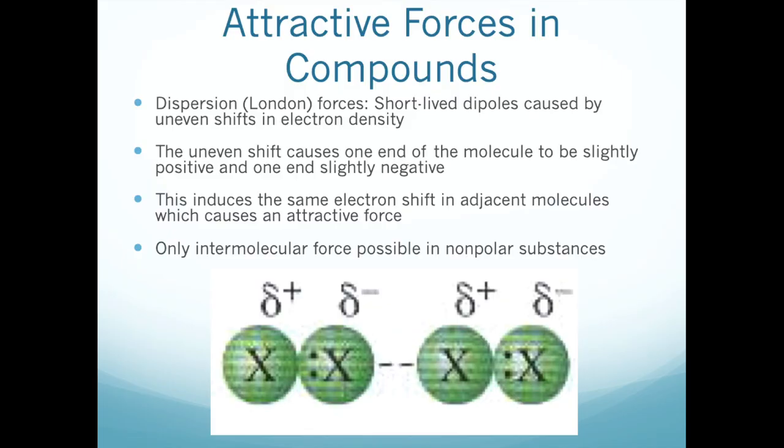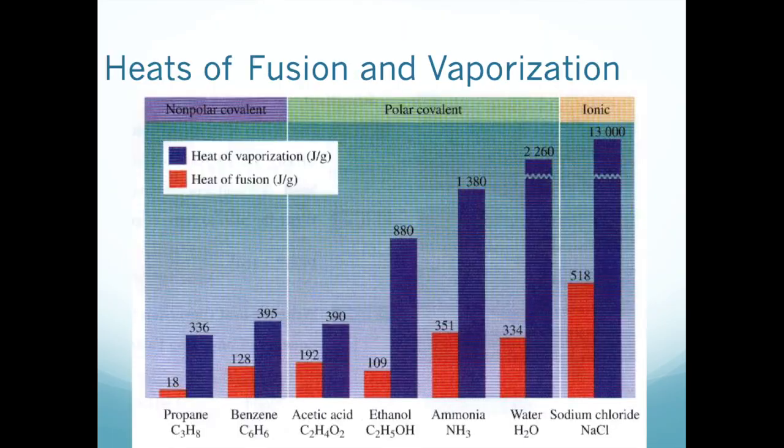So that brings us to the effect of these intermolecular forces. As I pointed out, with the strength of these, we see effects on the physical properties. So you have polar molecules that have dipole-dipole interactions, hydrogen bonding, and so on. They have really high melting points and boiling points relative to molecules of their size.